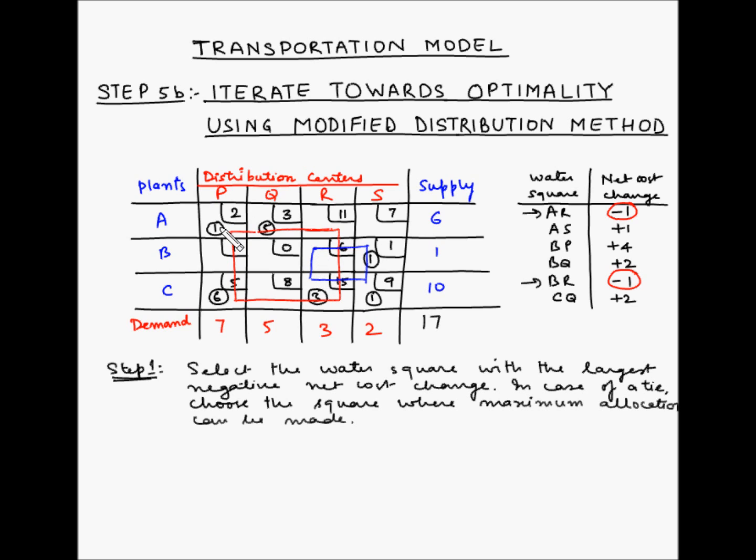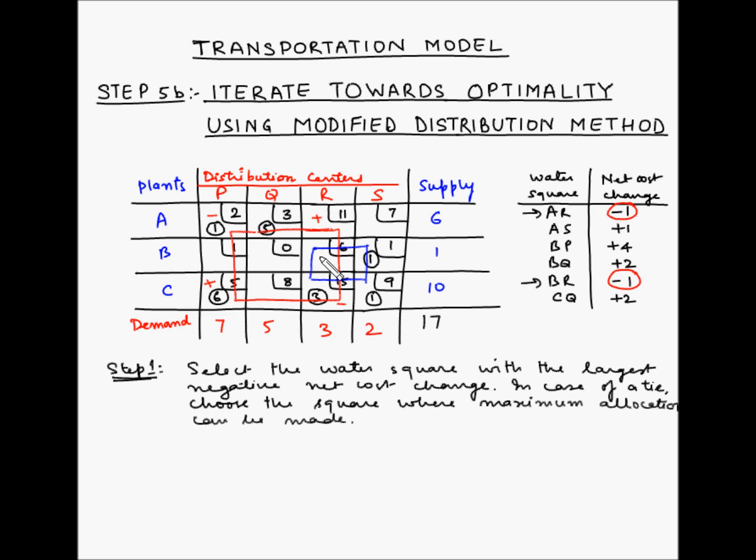Now next is to assign alternate plus and minus signs on the closed path, starting with a plus sign on the water square. So in case of AR, the water square is AR, so this will be plus. So AP will be minus, CP will be plus, and CR will be minus.